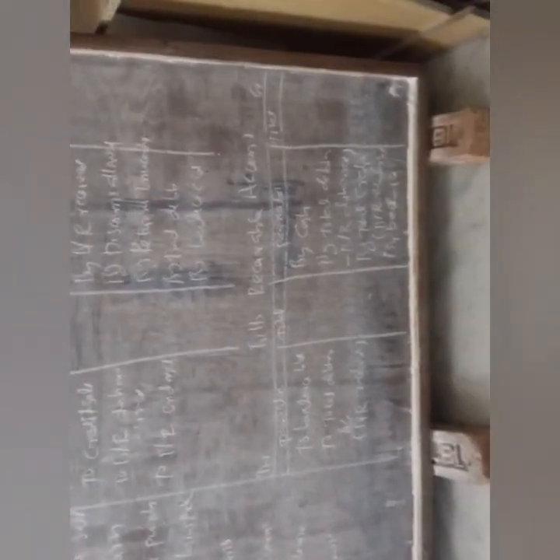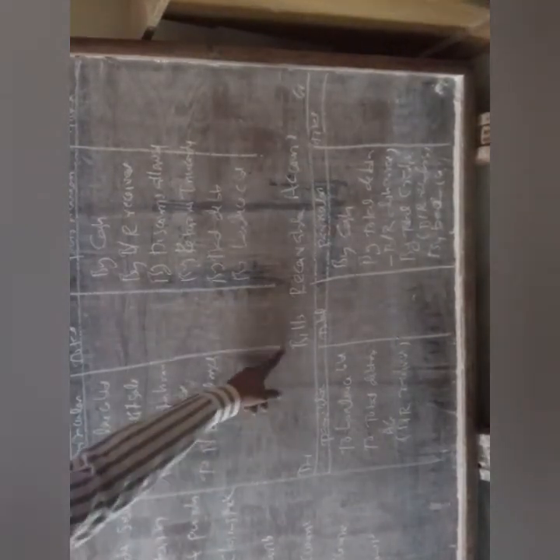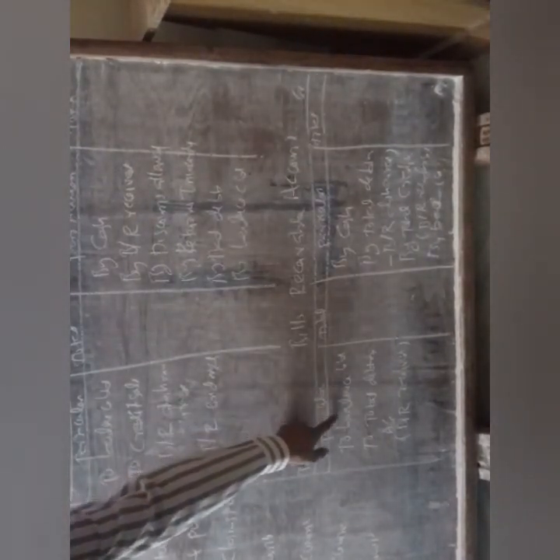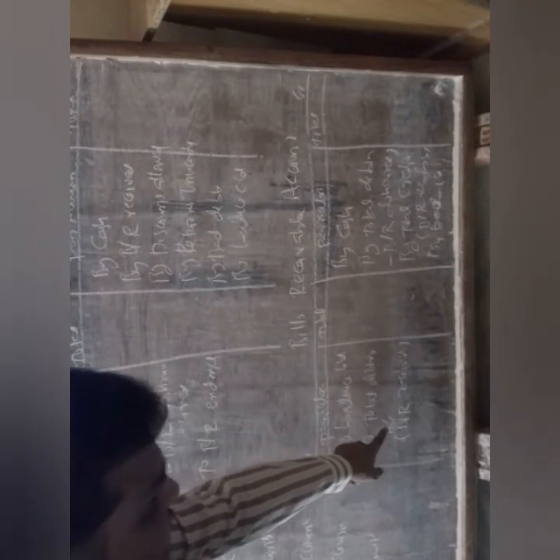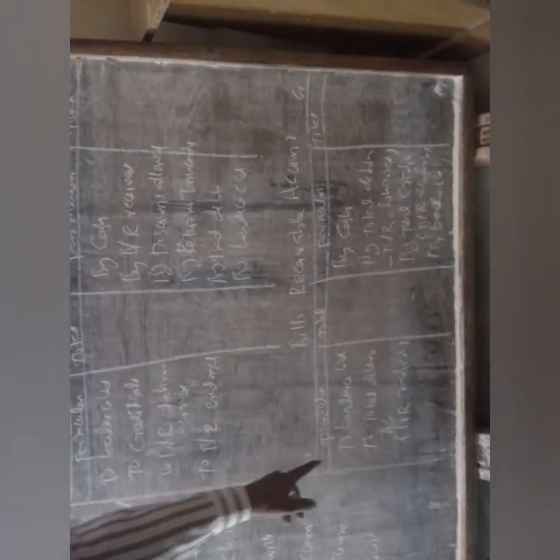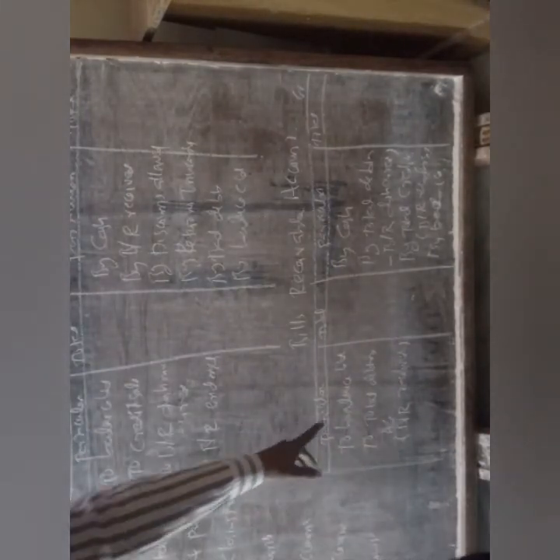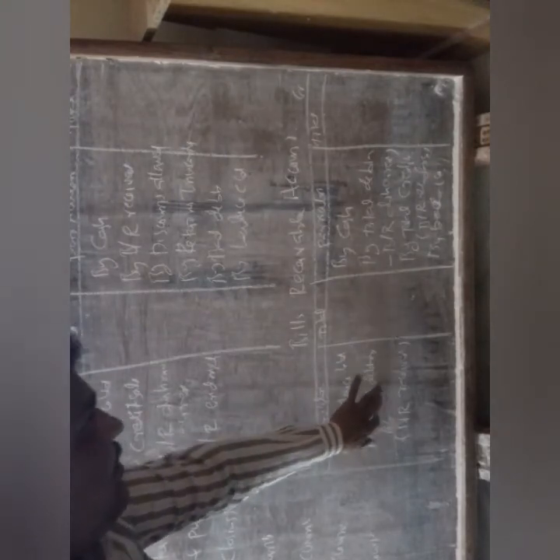Next is the bills receivable account. In this bills receivable account, first we write the opening balance, as it is an asset. Second, bills receivable received. If you received any bills receivable during this year, we write it on the debit side.